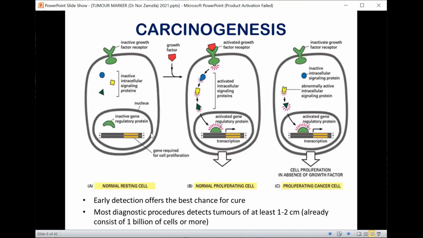This is just to show you the difference between the normal resting cell, the normal proliferating cell, and the proliferating cancer cell. As you can see in the normal resting cell, the growth factor receptor is inactive, the intracellular signaling protein is also inactive, and the gene regulatory protein is also inactive.